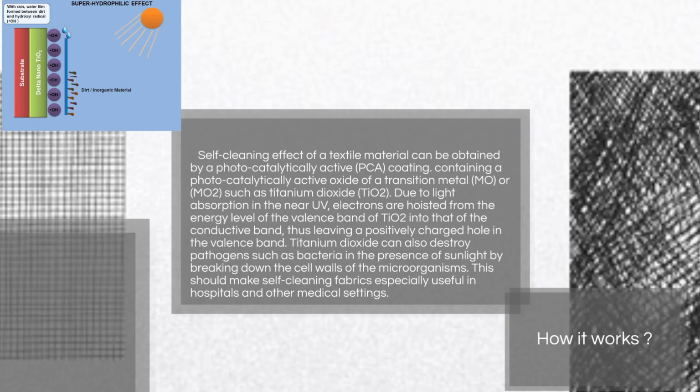Electrons are hoisted from the energy level of the valence band of titanium dioxide into that of the conductive band, thus leaving a positively charged hole in the valence band.